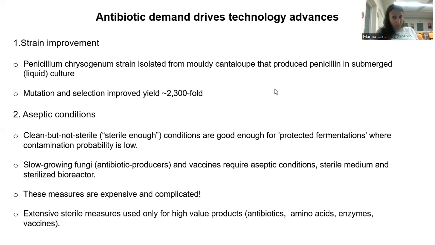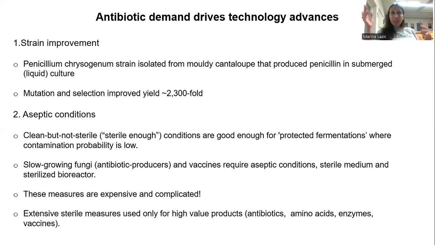Then people paid more attention to aseptic conditions. Basically, clean but not sterile, or sterile enough, conditions are not good enough for protective fermentations. Initially people were more focused on the idea that it's sterile enough, but if you want to have protective fermentation, then it has to be completely sterile.